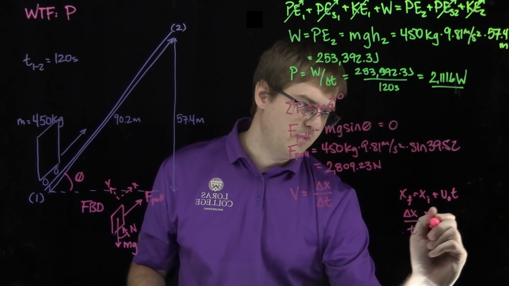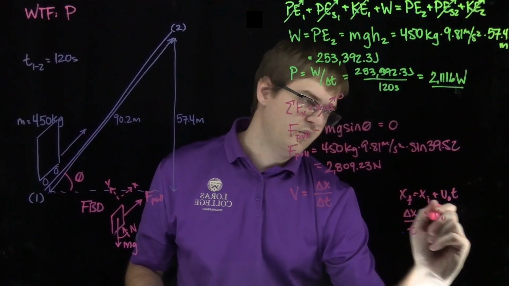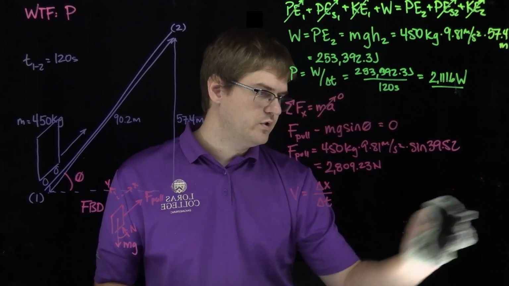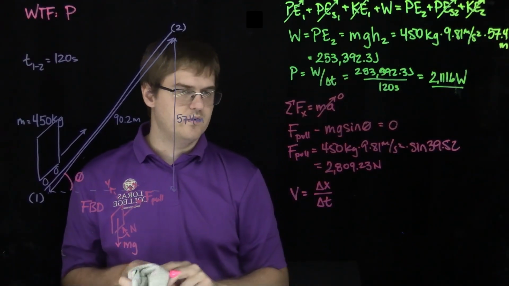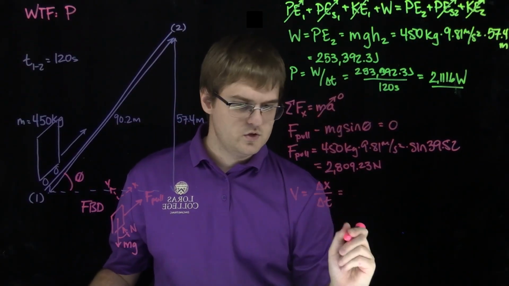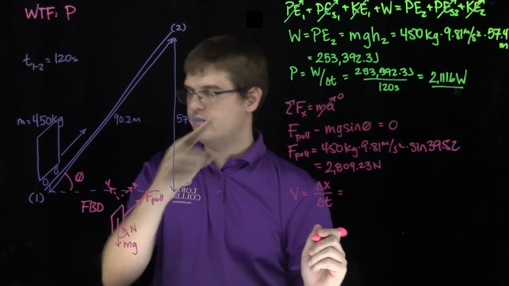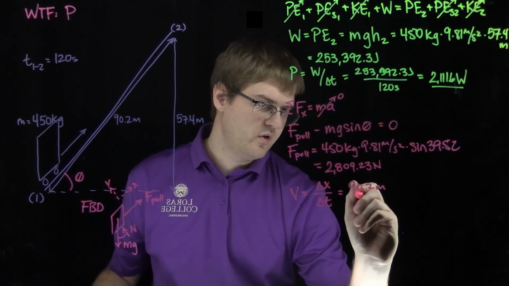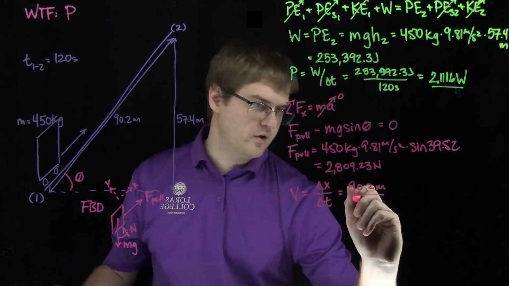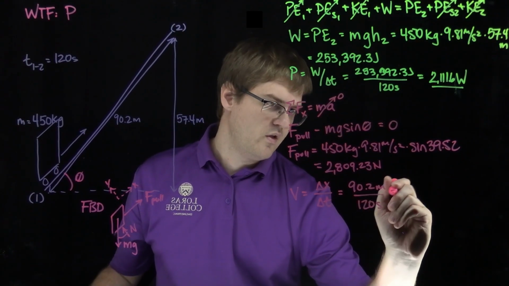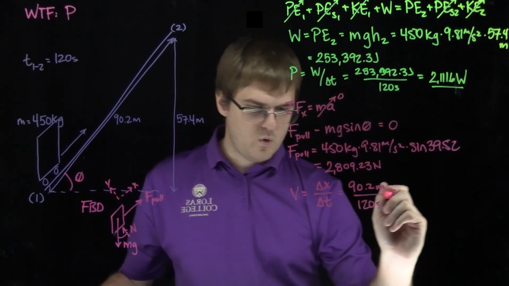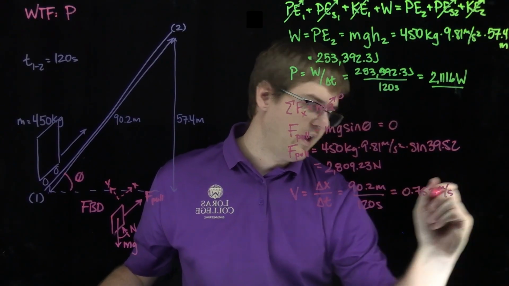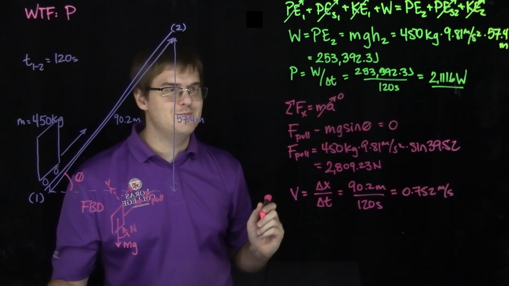That divided by our time, which is the same as any change in time, is our velocity. We did those derivations in the first couple weeks of class. Distance in the x we traveled, the x is this direction, so that is 90.2 meters divided by the time it takes, 120 seconds. 90.2 divided by 120 is going to be 0.752 meters per second. That guy is solved.